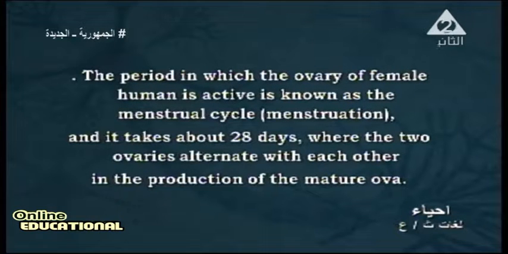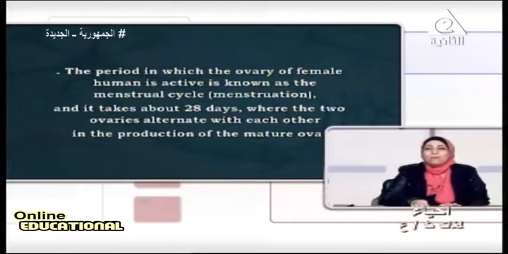The period in which the ovary of the female is active is known as menstruation or the menstrual cycle. The menstrual cycle appears in the female with the features of puberty. This menstrual cycle takes 28 days, and differs from one female to another.